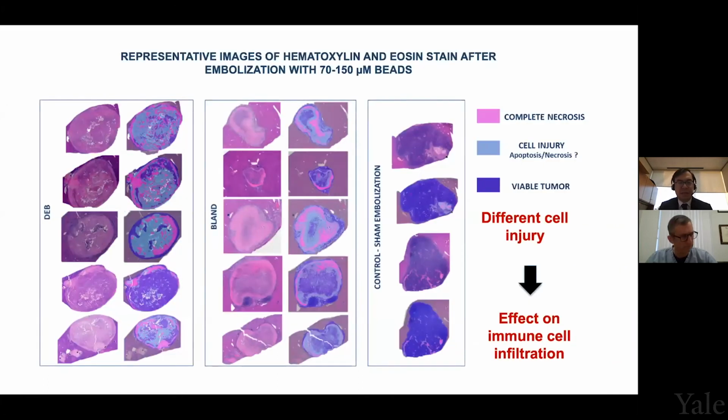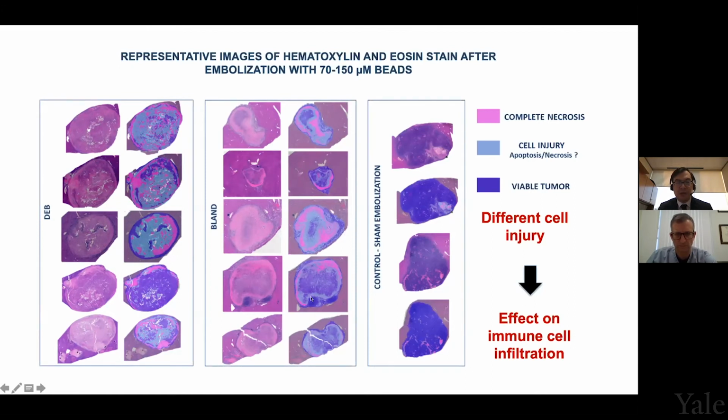These are some of the examples of the tumors that we embolized, and although they are roughly, and this is the beauty of animal models, I mean, they're very similar, and they're very consistent. There are interesting differences that we can see, even just looking at the H&E on these tumors. On the bland embolization side, you tend to see a little thicker rim of surviving cells.